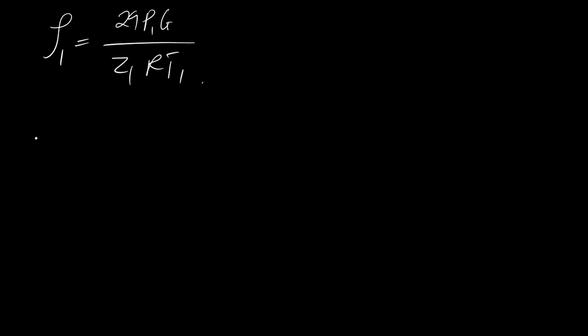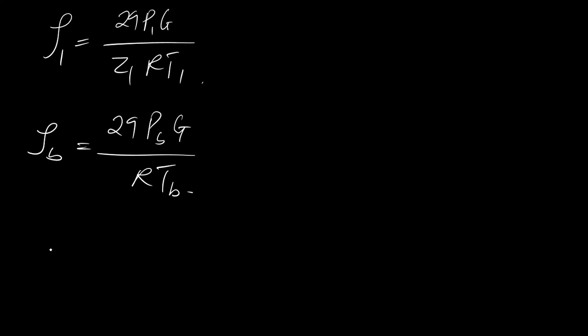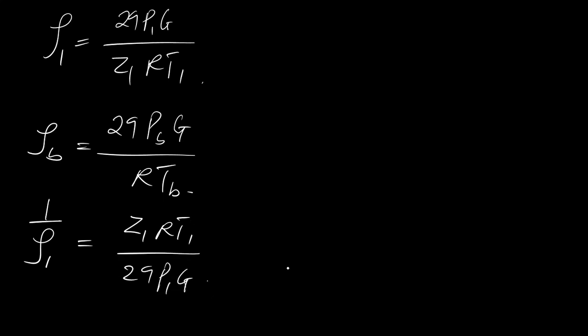Now we have gotten the density at the standard condition, which is 29 Pbg divided by RTP. So now the inverse of density is the same thing as Z1 RT1 all over 29 P1G.